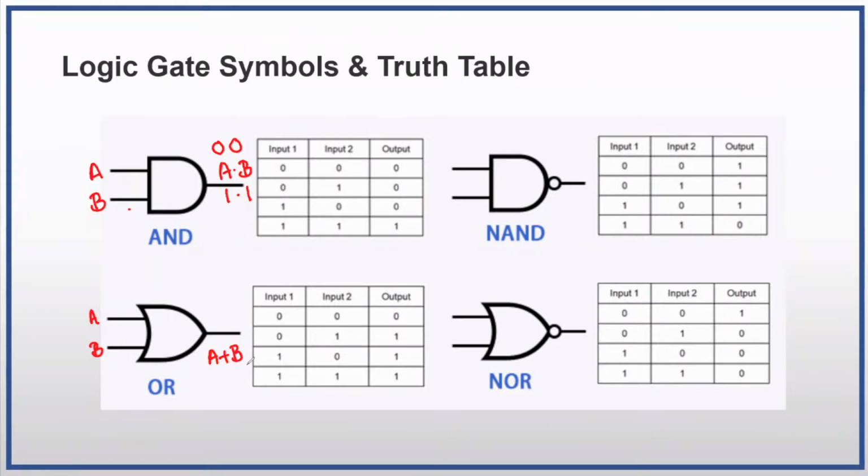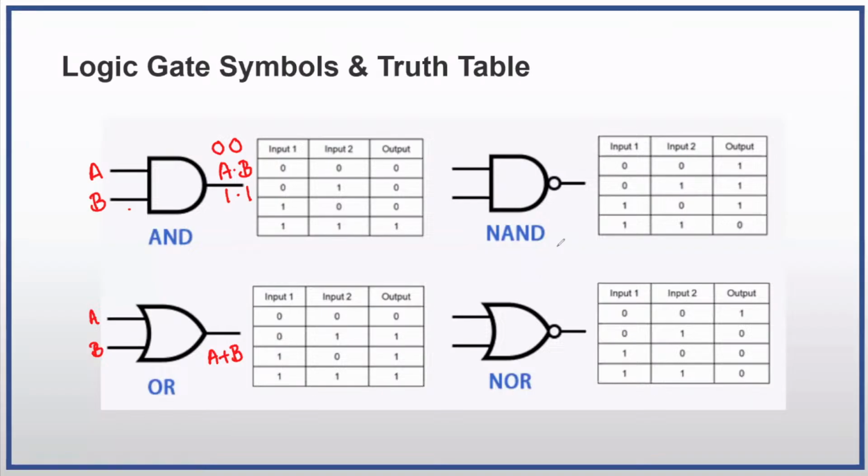So the symbol of the OR gate you can draw like this, and the Boolean function is A plus B. And these are the two main basic logic gates.